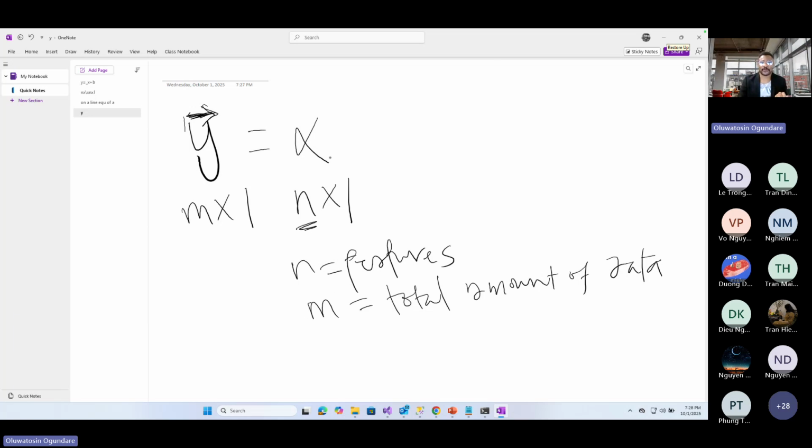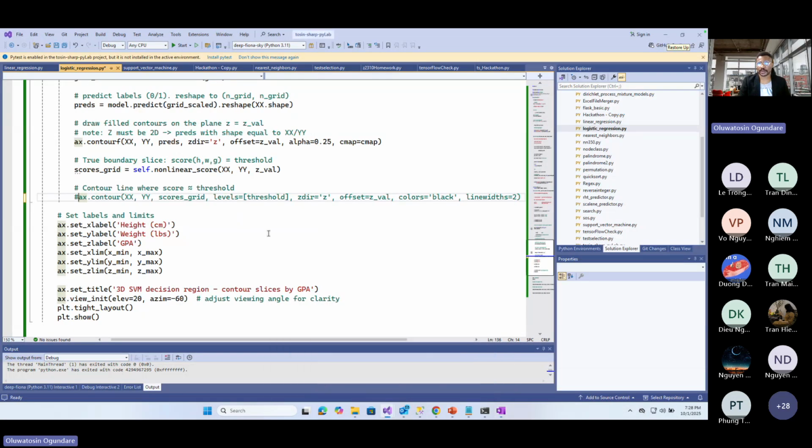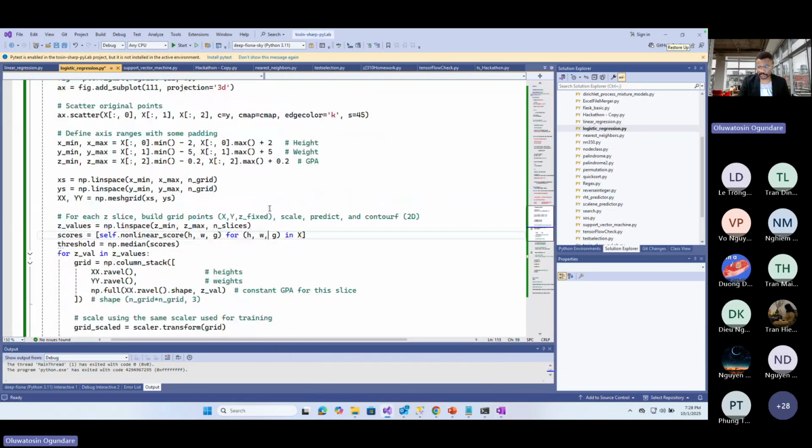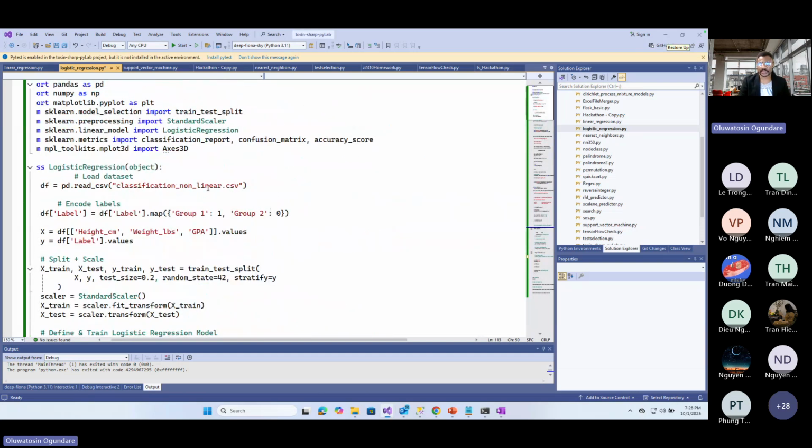So for example, let's go to source code and look at what we're talking about here. So look at our data set, this classification nonlinear.csv. We have three features and one label, right? So height, weight, GPA, but we have a lot of it, right?